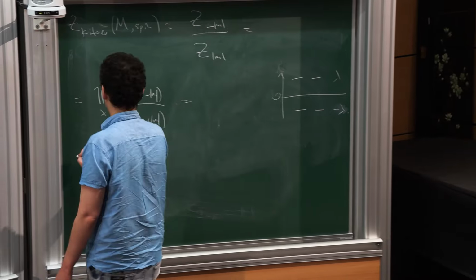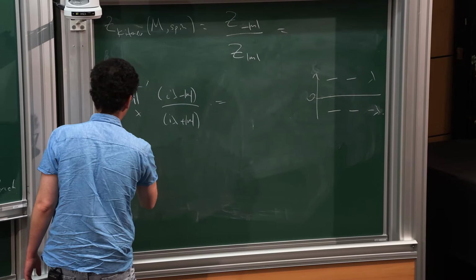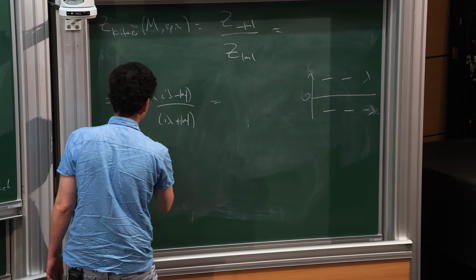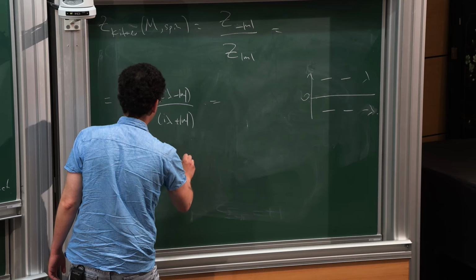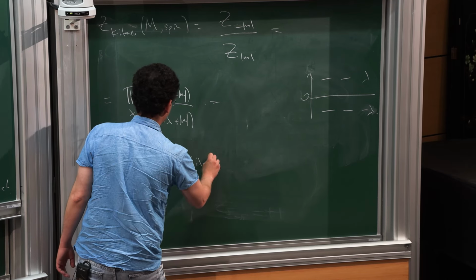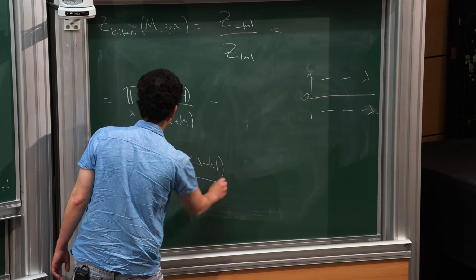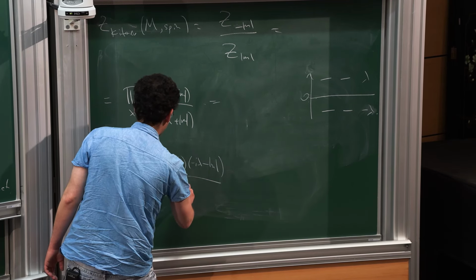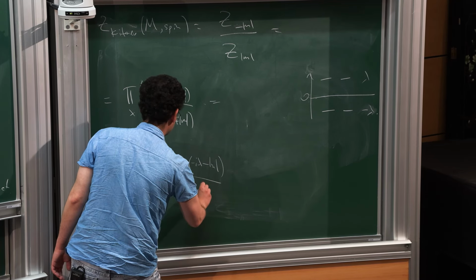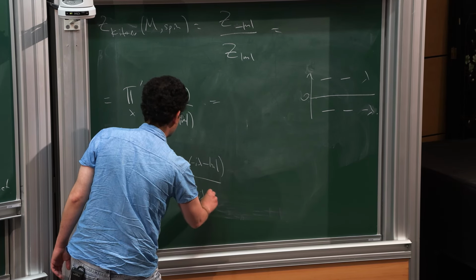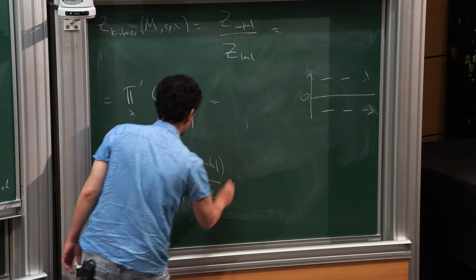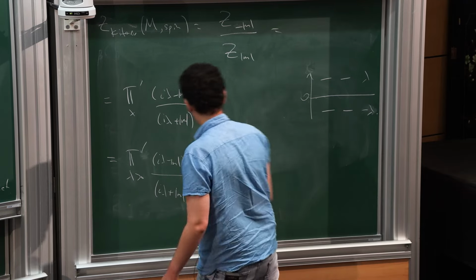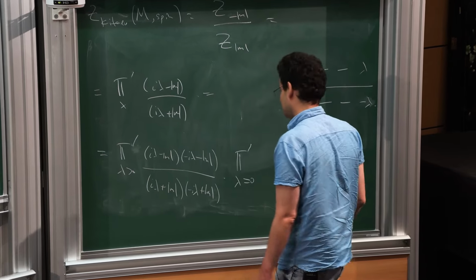So then I can write this as a product over just positive eigenvalues, of (i lambda minus m)(minus i lambda minus m) over (i lambda plus m)(minus i lambda plus m), times the product over the 0 eigenvalue pairs.